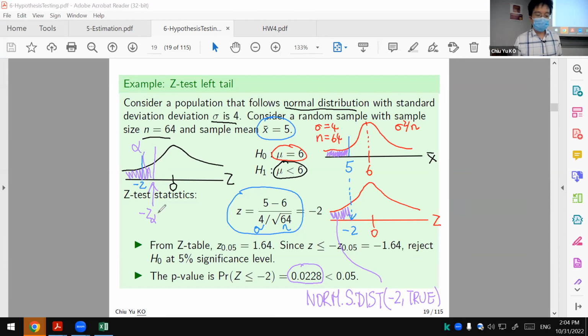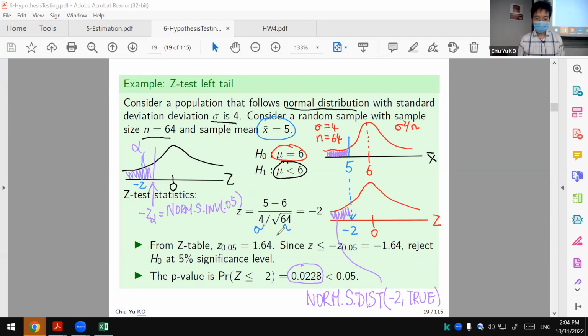And this value, in Excel, is just NORM.S.INV of 0.05, because the left-hand side is 5%. This will give you -1.64.